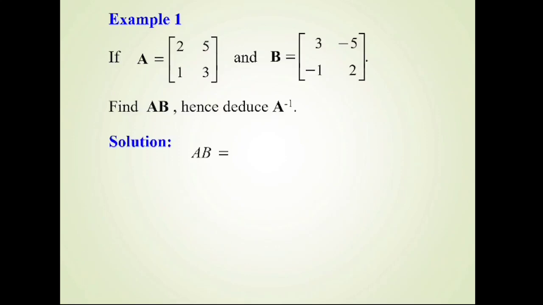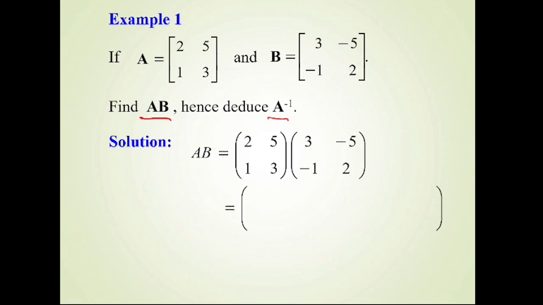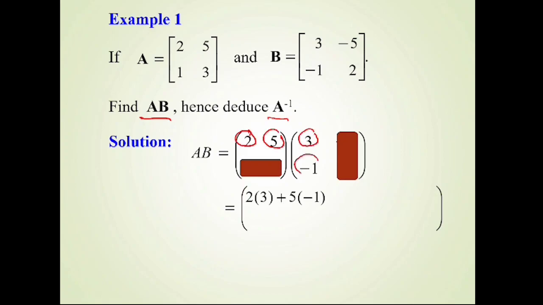First example, if A and B are matrices as given, find AB, hence deduce A inverse. Write A next to B, multiply them together. Remember, to multiply matrices is the row times with the column and then adding the values up. So the first one is just 2 multiplied with 3 plus 5 multiplied with negative 1.